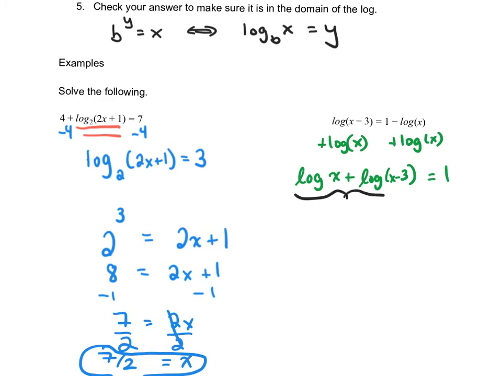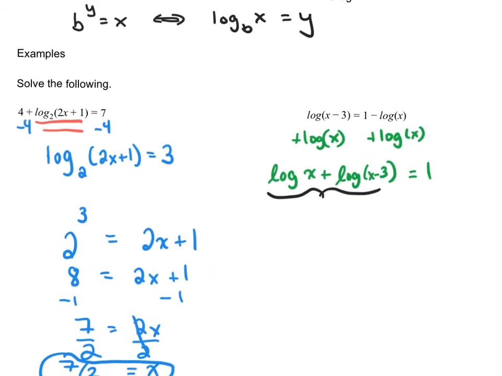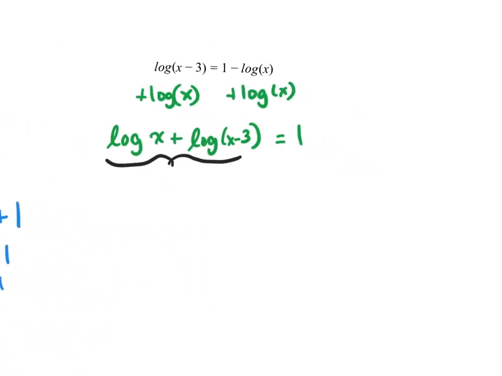So now I have these two logs, and I'd like to put them together. Since they're added, the property says 2 logs added together become 1 log that is multiplied. So log of x times x minus 3 equals 1.